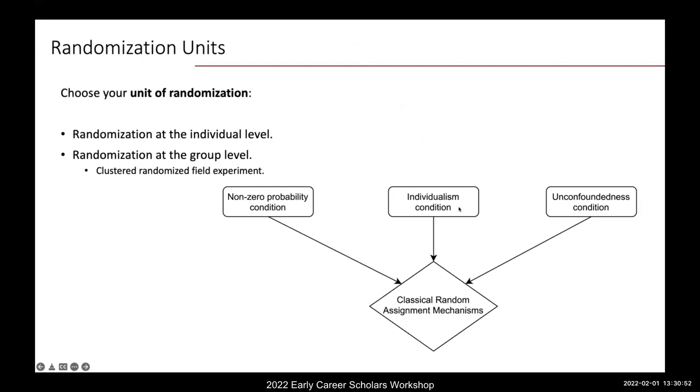And it has to be clearly defined who we're going to randomize into treatment and into control groups. So there has to be a clear cut where we define what the control and the treatment group are.